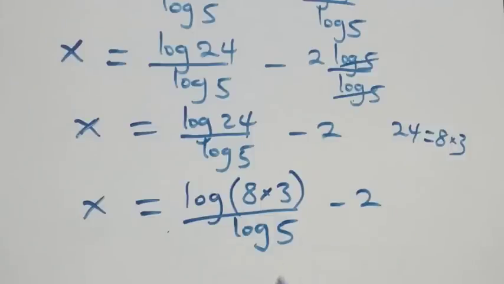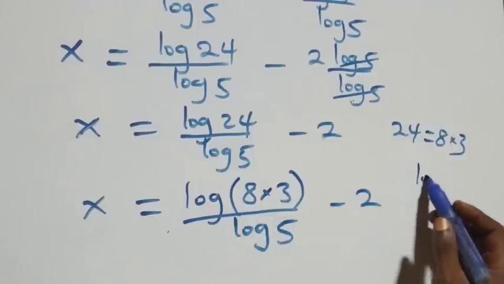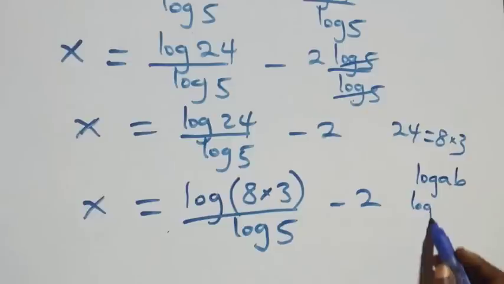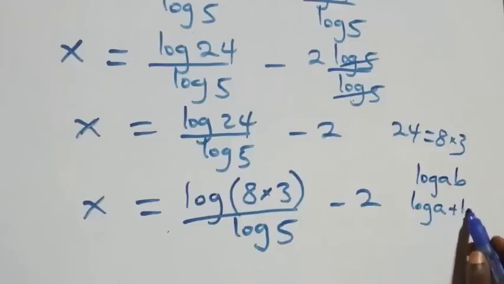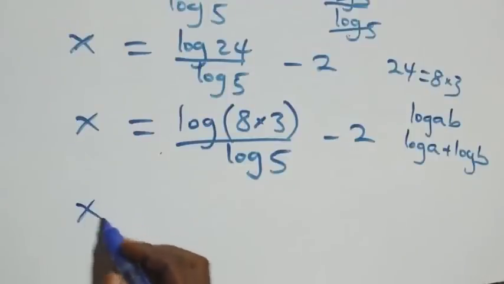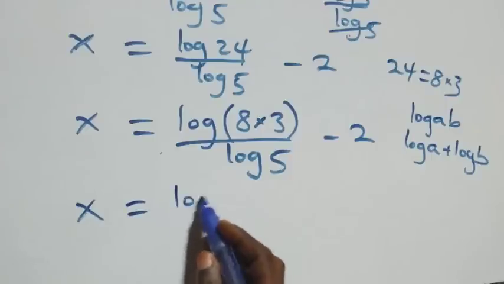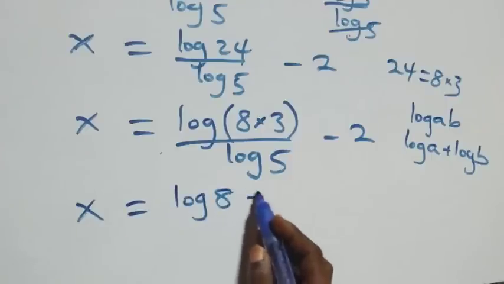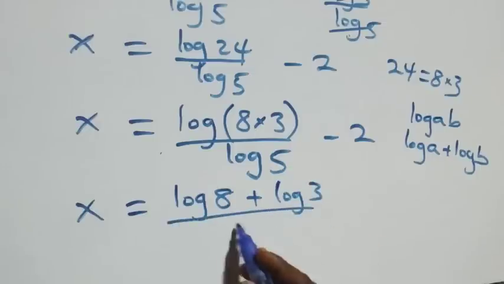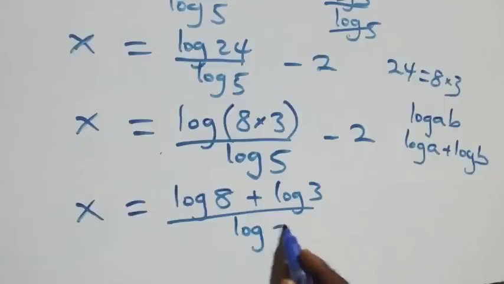Then also here, this follows the law of logarithm. When we have log a times b, which is the same thing as log a plus log b, this becomes x equals log 8 plus log 3 over log 5, then minus 2 here.